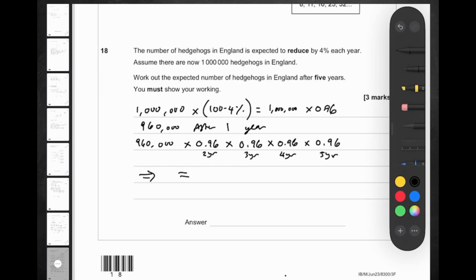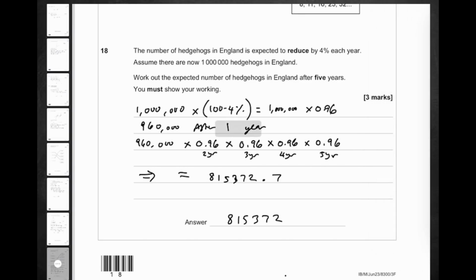And we're going to do this on my calculator. So 960,000 times 0.96 times 0.96 times 0.96 times 0.96. And we come out with 815,372.7. So we're going to round down here for 815,372 hedgehogs. So you can't have 0.7 of a hedgehog.